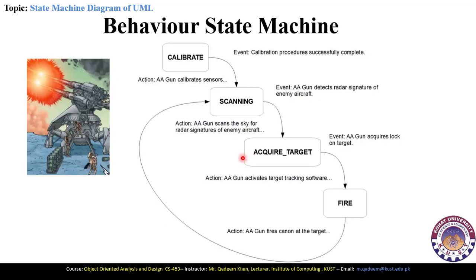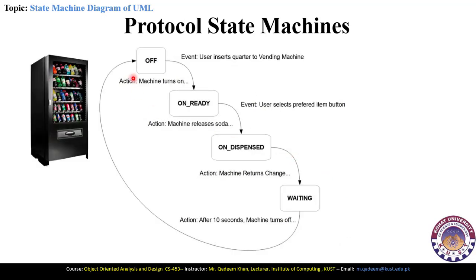But if I go back to this, you can see calibrate, scanning, acquire target, and fire. These are actions in the form of a verb. But here, off, on ready, on dispensed, and waiting are representing the state of the actions only. That means the actions are not performed, but they just represent certain actions. So that is called the protocol state machine diagram, and that is the difference between the protocol and behavioral state machine diagram.